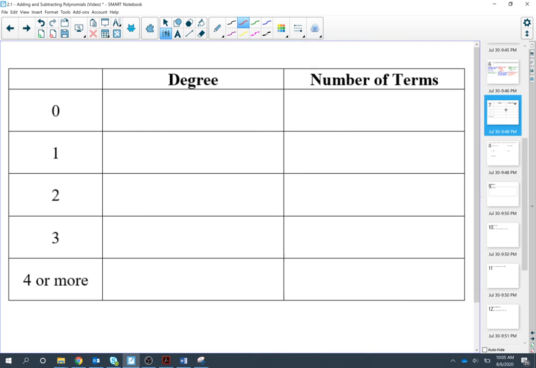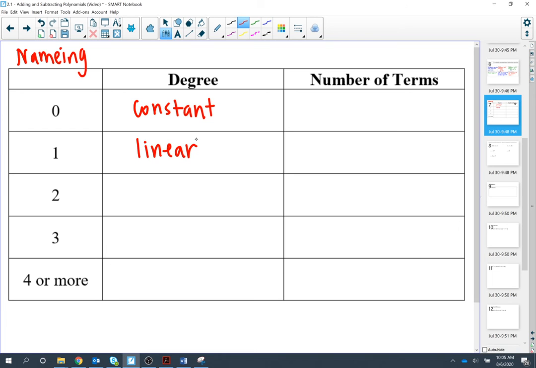Before we get to examples, we're going to look at some naming. This is how we name our polynomials. We give them specific names. If your polynomial has a degree of 0, you call it a constant. If it has a degree of 1, you call it linear.